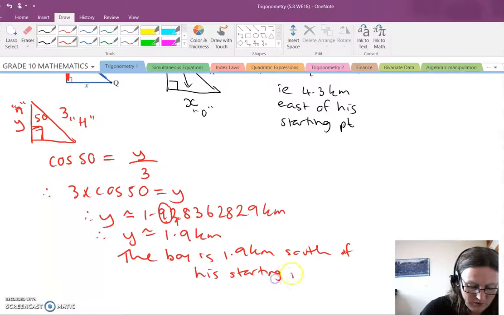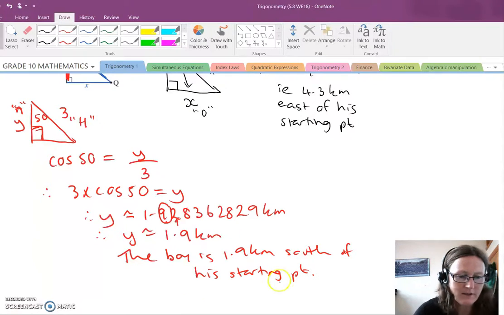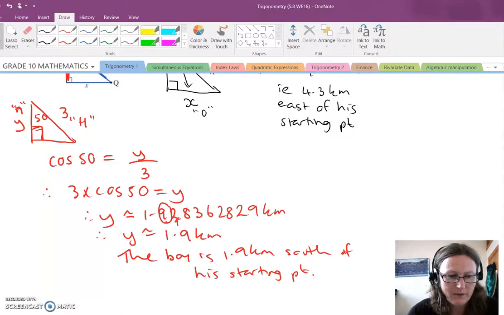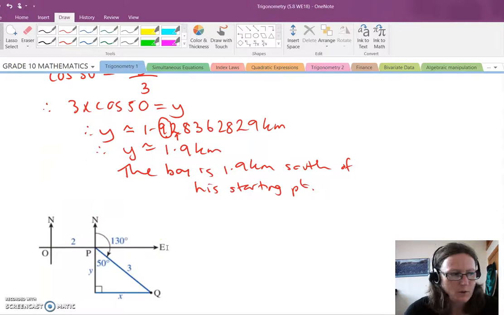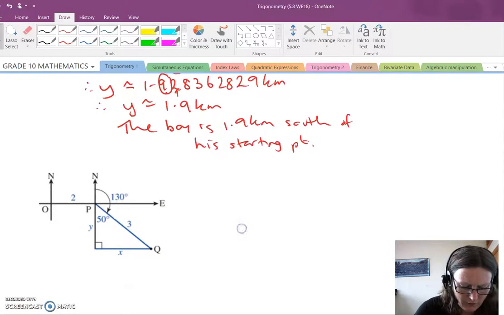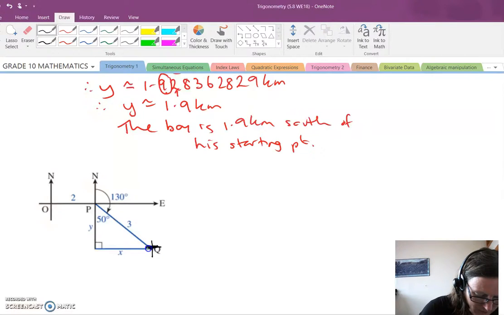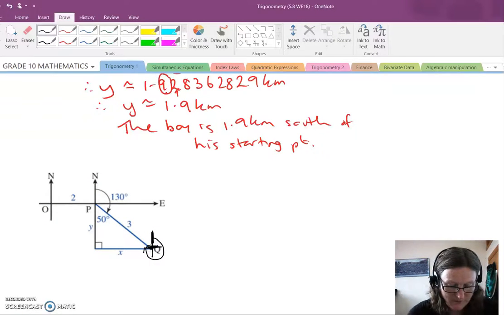Okay, the third bit to this question is the hardest bit, and we'll go through that now. The third bit of this question says, what is the true bearing of P from Q? So from Q, if we draw our little compass, it wants to know what is the true bearing. So from north, it wants to know what that angle is.